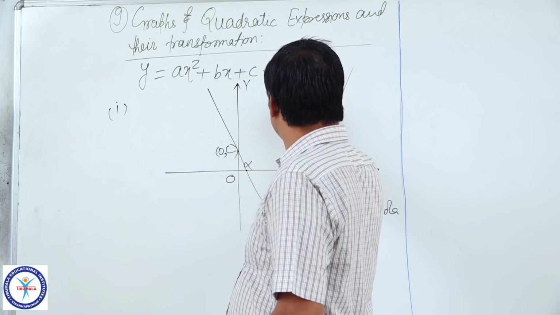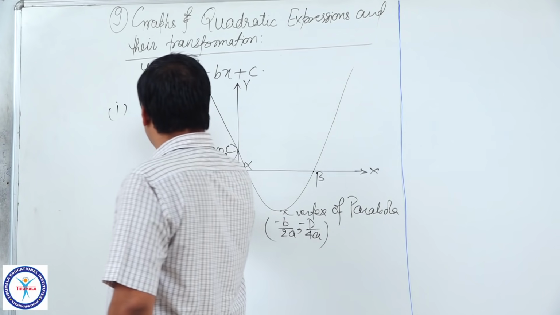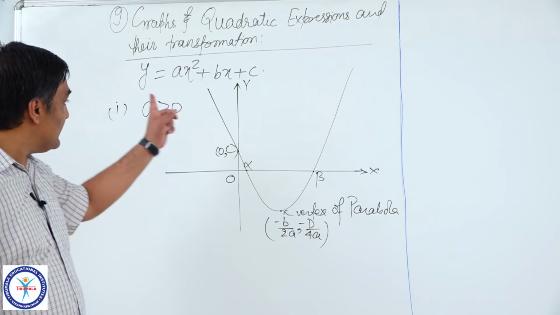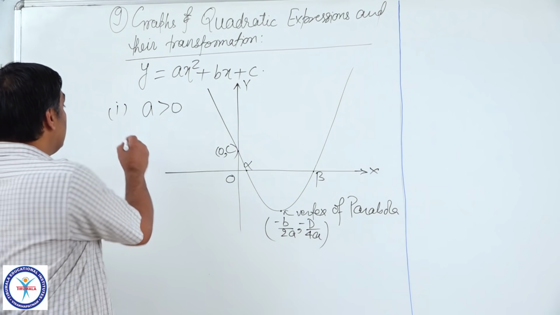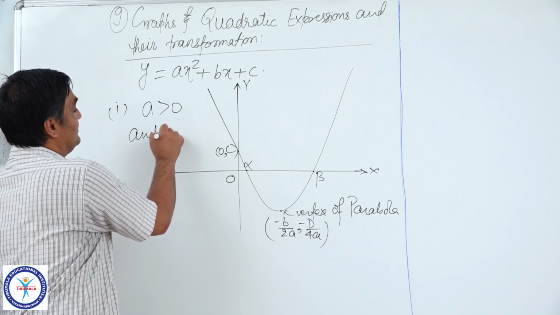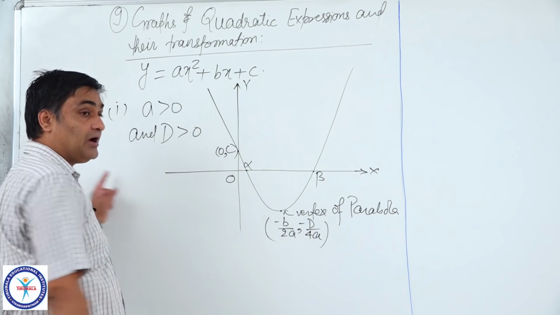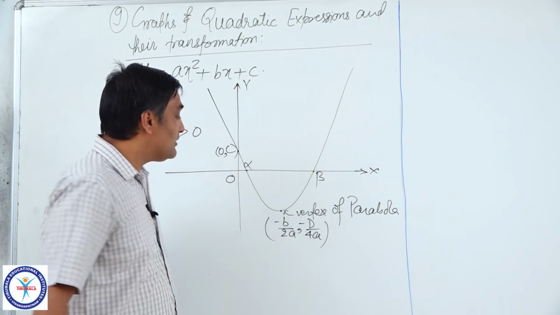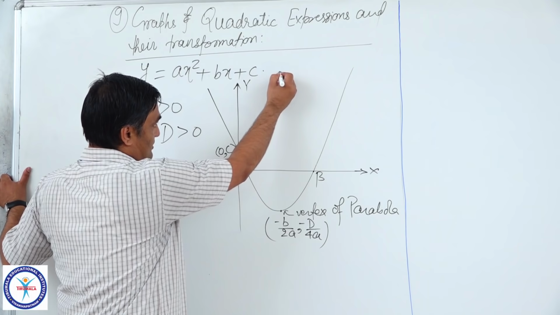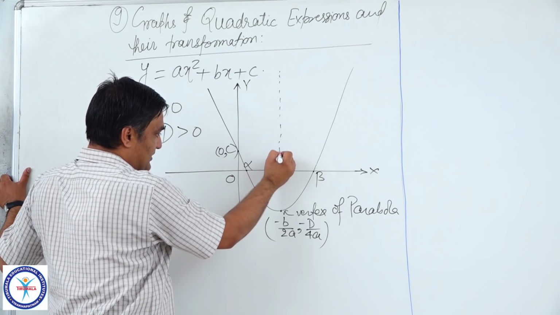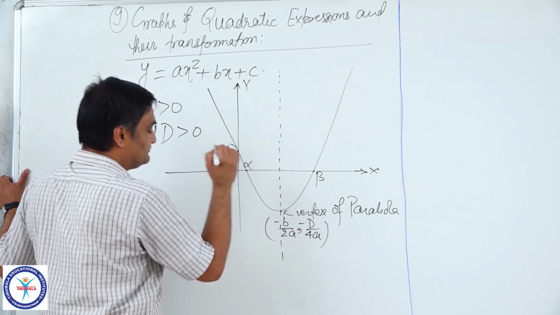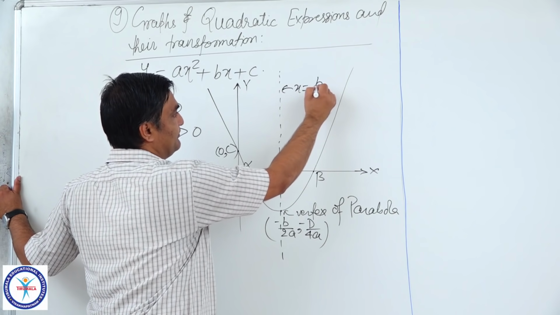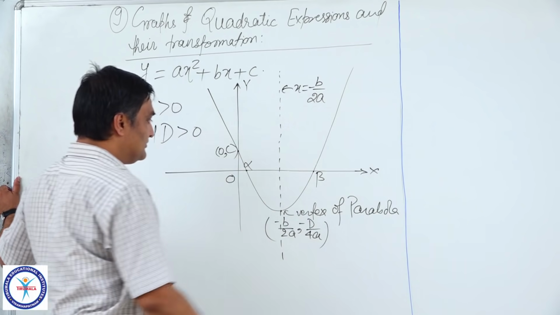Also, this case is a greater than 0, and d for discriminant also greater than 0, two real roots. Now, if we consider this line, it is x equal to minus b by 2a.